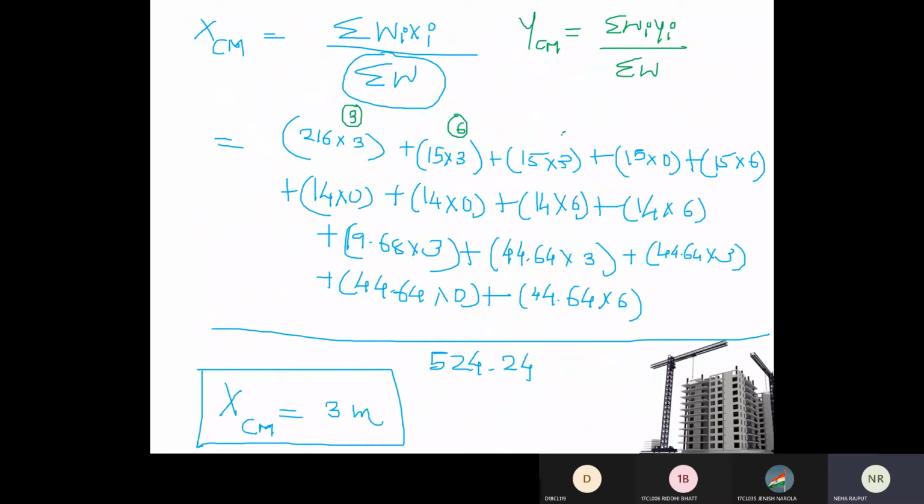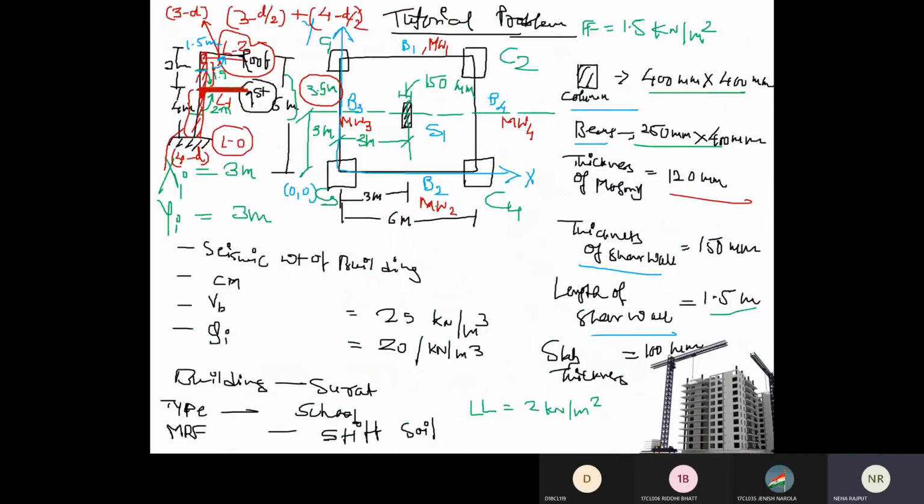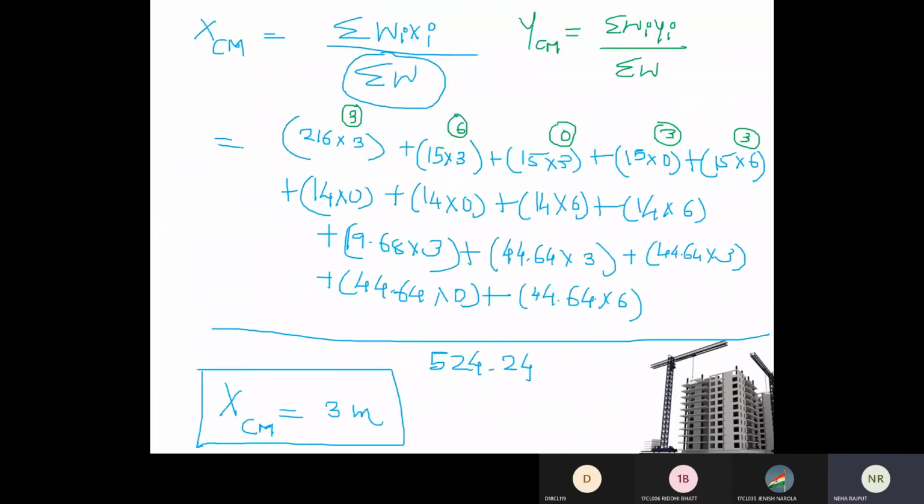Now coming to the column. Column C1, y distance from origin 6. C2, 6. C3, 0. C4, 0. So 6, 6, 0, 0. Now the shear wall.